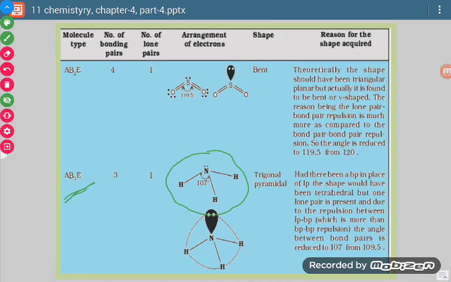The lone pair will repel the bond pairs, and the repulsive forces will result in a decrease of the bond angle. The bond angle is supposed to be 109 degree 28 minutes or 109.5 degree, but it comes out to be 107 degree because of repulsive forces by the lone pair present at nitrogen. Similarly, in SO2 also there was a decrease in the bond angle because of these repulsive forces.